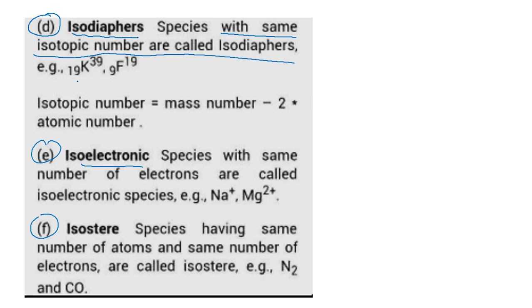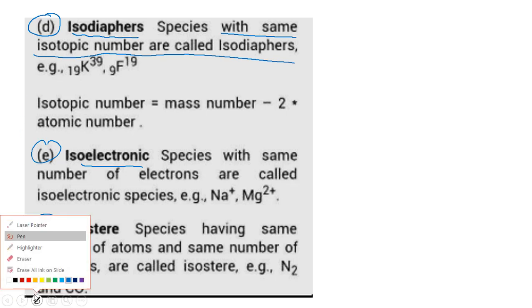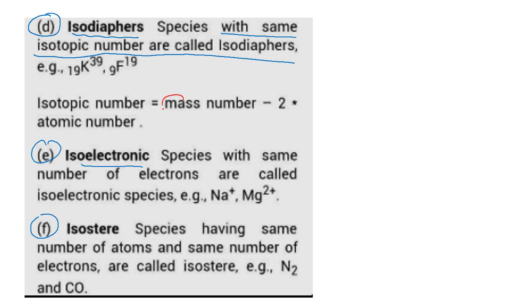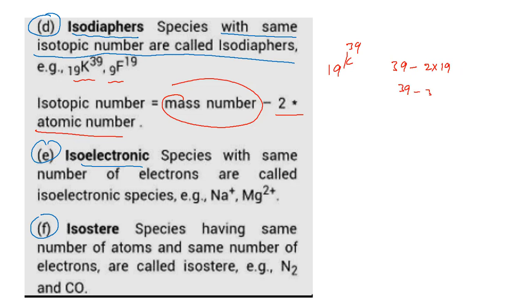The species with the same isotopic number are called isodiaphers. What is that isotopic number? You can see here the isotopic number formula is mass number minus 2 into atomic number. Example given here: what is the potassium? 19K39. Mass number 39 minus 2 into atomic number, that means 39 minus 38, that equals 1.